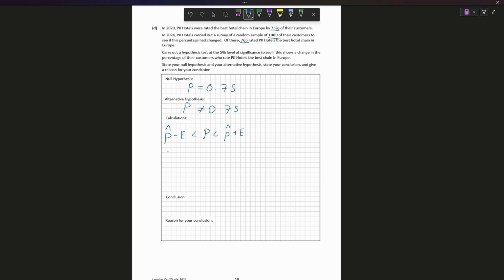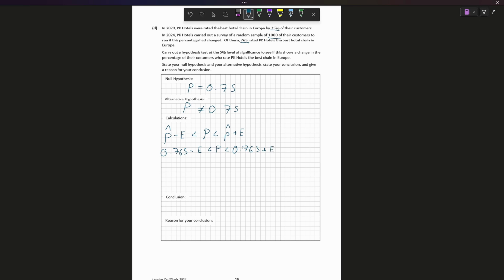So that means our P hat is 765 out of 1,000. Now I'm going to rewrite this just so that it's easier. It's the same thing, I'm just going to write it as a decimal. So 0.765 minus E is less than the proportion is less than 0.765 plus the error.